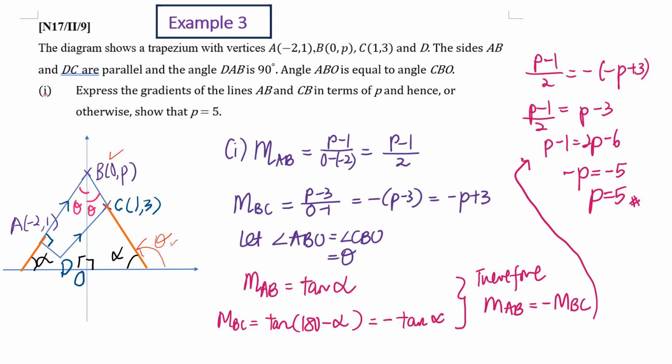So the three examples I've just shown you, right, basically will cover most of the things that are needed to apply this concept m equals tangent theta. So it's useful to learn these three different methods well.